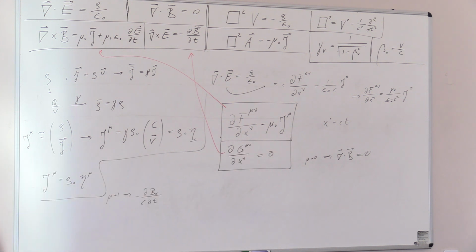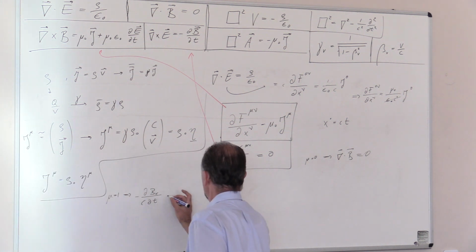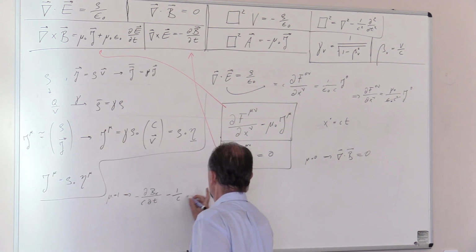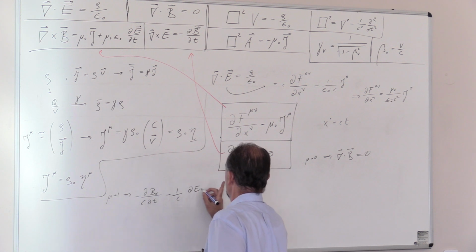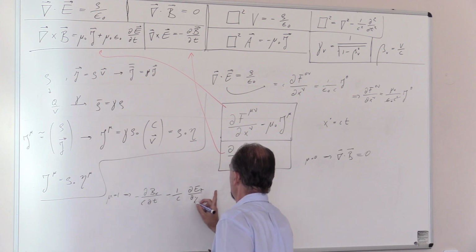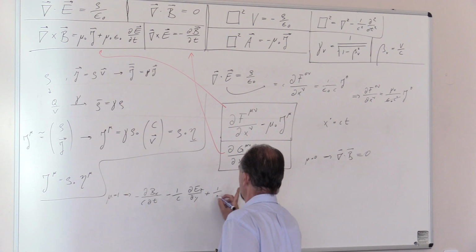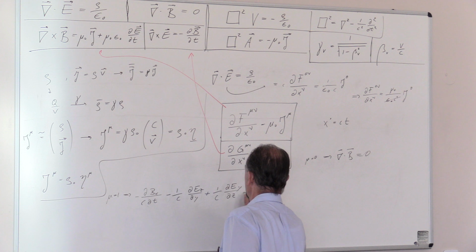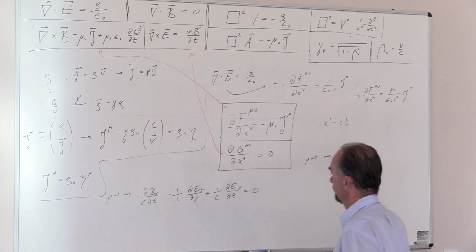Plus, we have a 0 here, and we have minus 1 over c dB_z over dy plus 1 over c dB_y over dz equals 0.